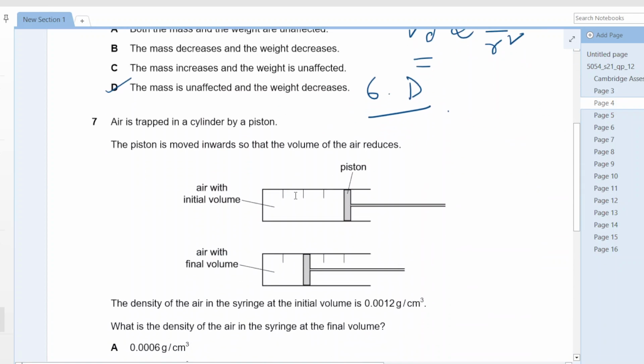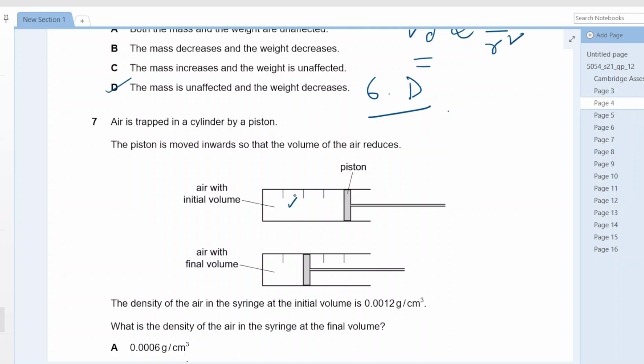And question 7. Air is trapped in a cylinder by a piston. The piston is moved inwards so that the volume of the air reduces.